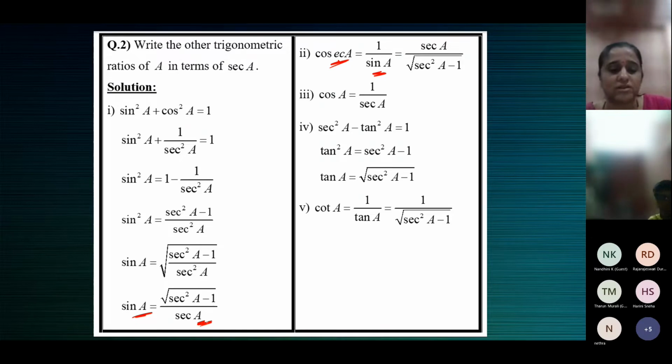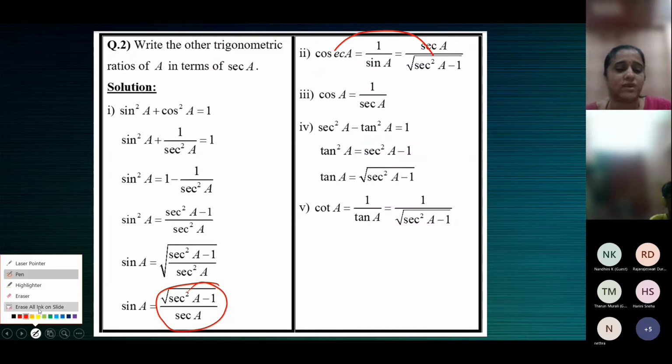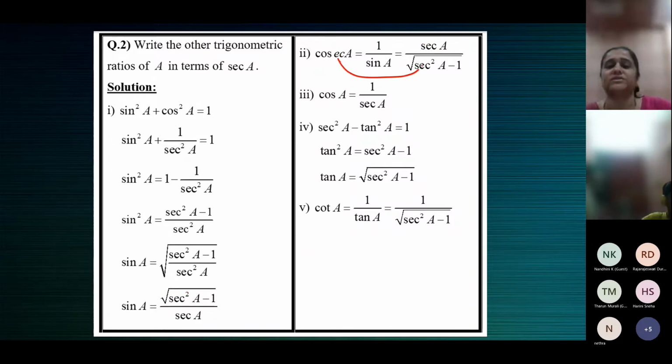The reciprocal of this one: secant A by root of secant square A minus 1. So that way we've written cosecant A in terms of secant A.